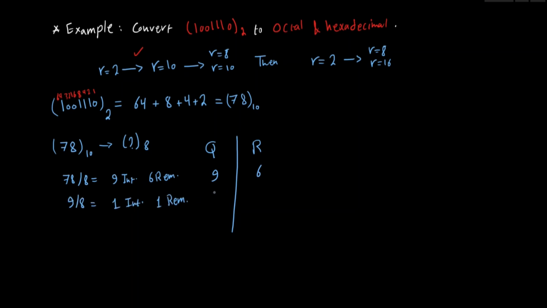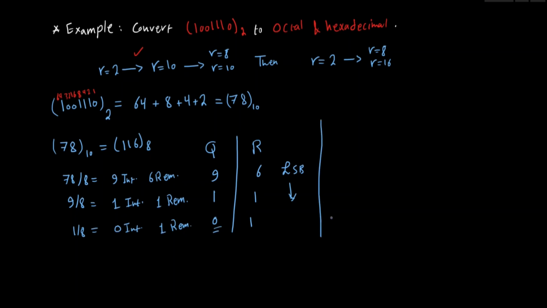So quotient takes 1, remainder takes 1 as well. And then 1 divided by 8 equals 0 integer and 1 as a remainder. The 0 as an integer here means we stop. And the LSB here is 6. So 78 in decimal is equivalent to 116 in octal.